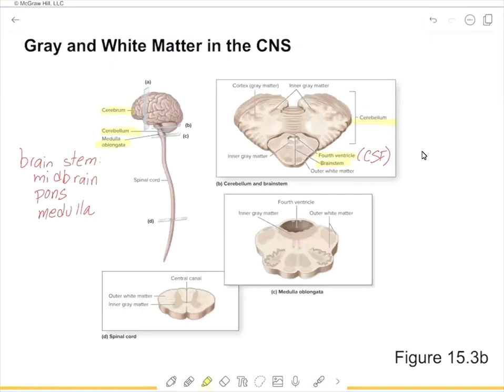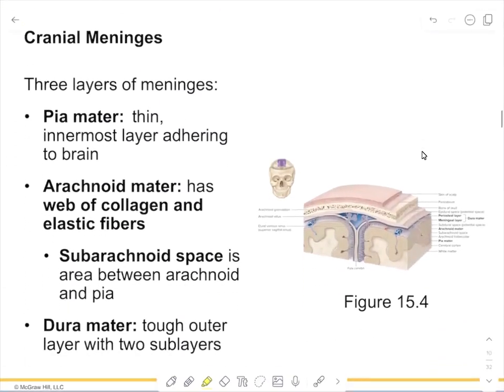Below the region of the cerebellum and the brainstem, the very bottom of the brainstem is the medulla, and we can see the fourth ventricle shown in it as well, which is also going to have cerebrospinal fluid in it. That ventricle then continues down into the spinal cord in a region called the central canal. So the central canal has cerebrospinal fluid in it.